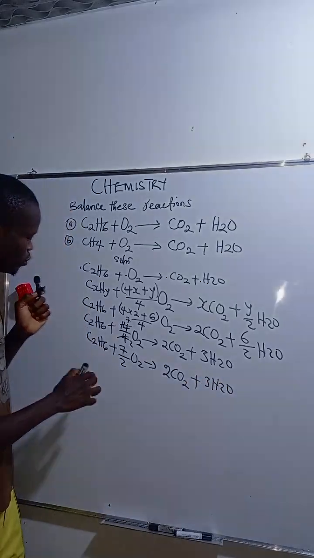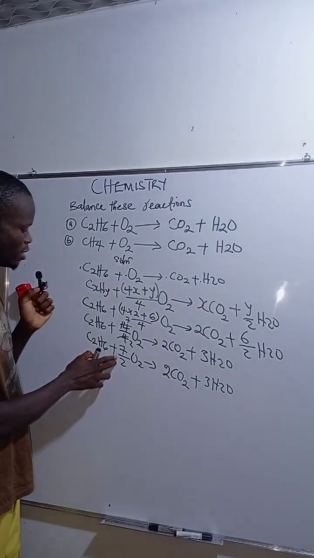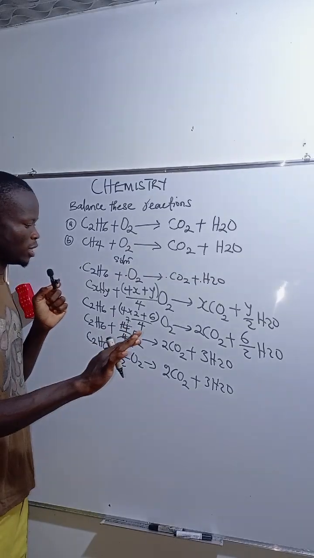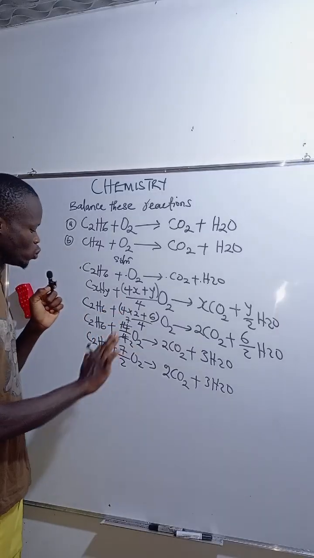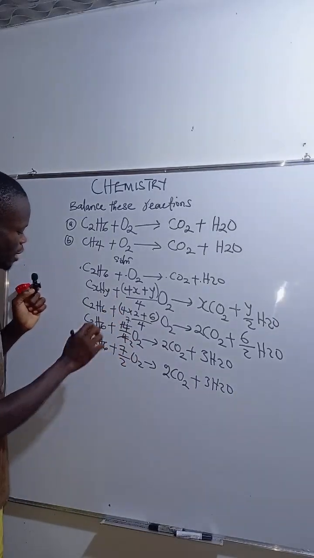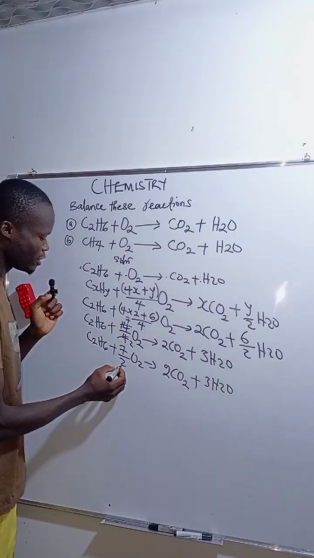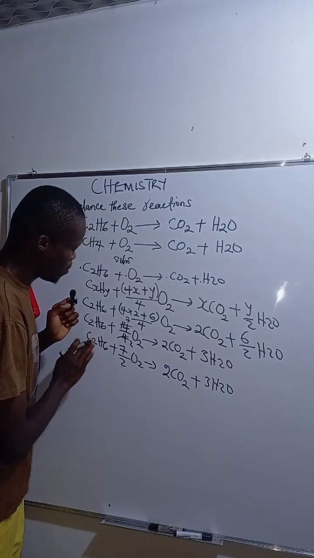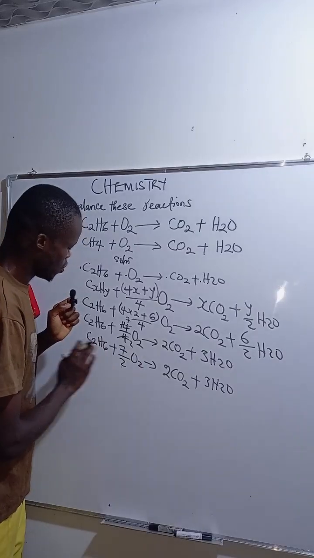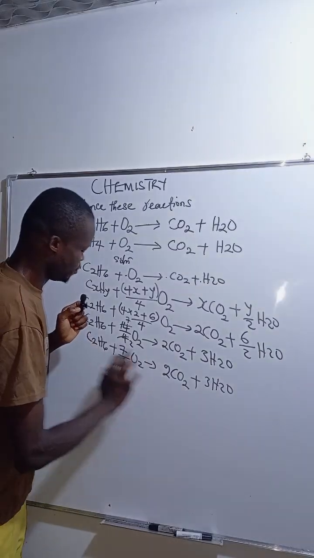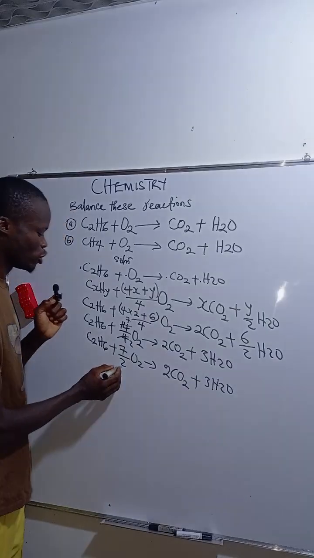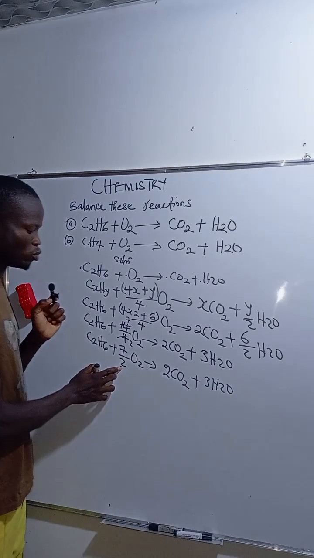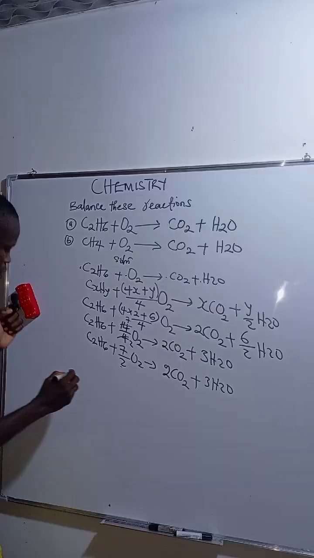But in this case, you are not going to leave this 7 over 2 like that. You are still going to reduce it to the normal level. So how do you reduce it? You have to multiply all these compounds, both the reactants and the products, by what? 2. If you multiply everything here by 2, you should be able to eliminate this 2. So let's do it together.